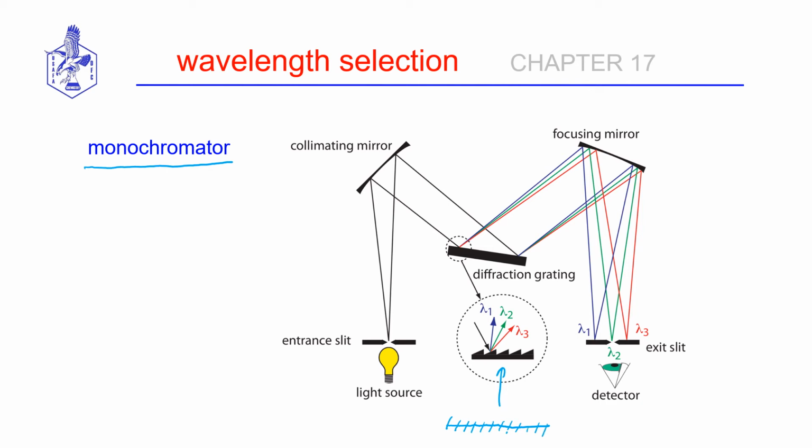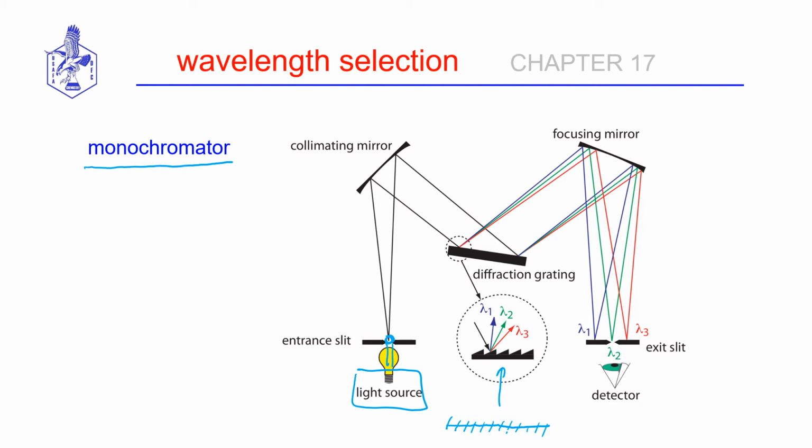So the way it works is we have our source lamp out here. The broad range of wavelengths hits a slit so that only those wavelengths focused optically on that slit are going to pass into the monochromator.